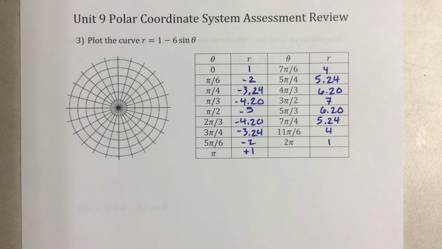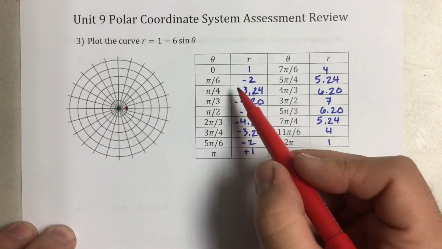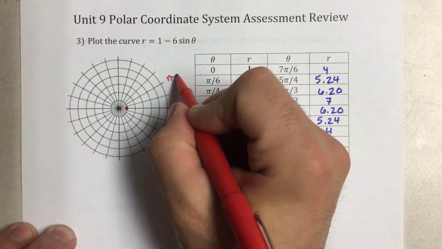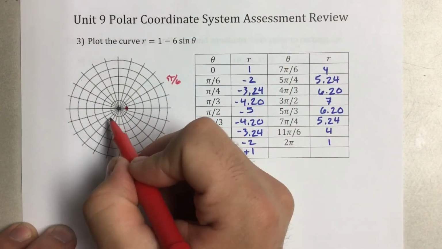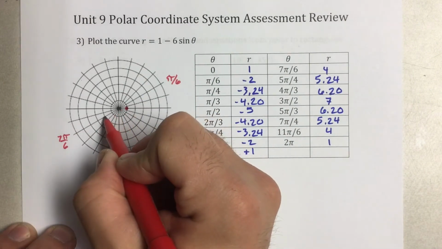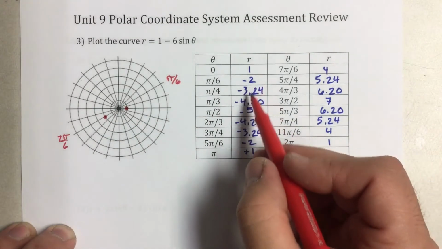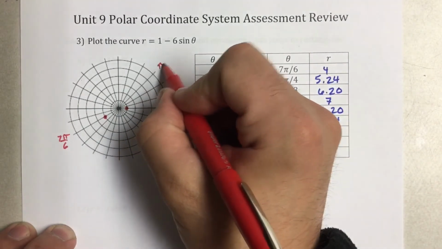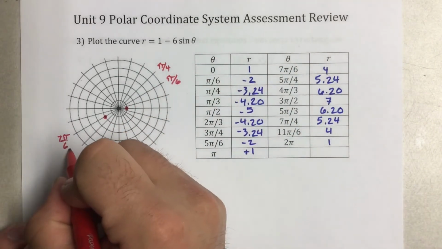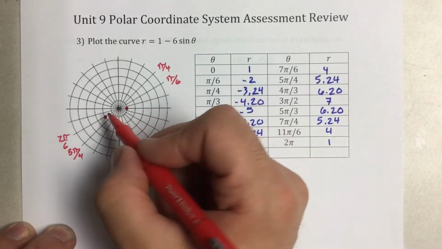All right, so let's plot these. So at 0, we have 1. At pi over 6, we have negative 2. Okay, and then at pi over 4, we have negative 3.24.